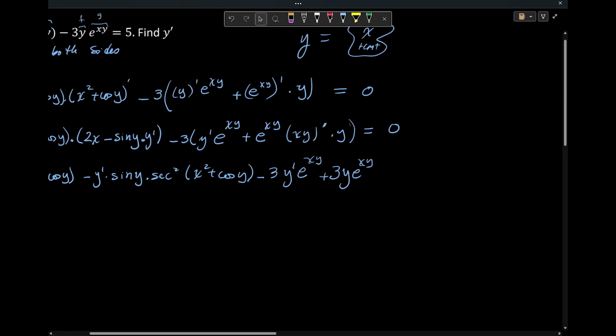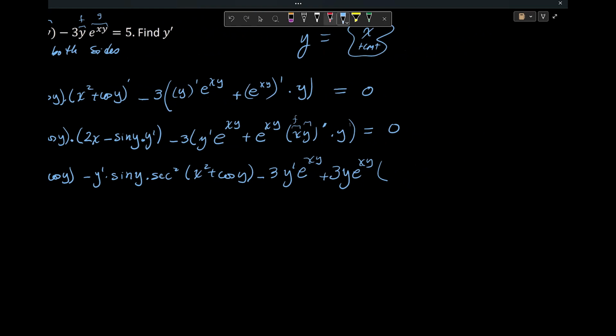Well, what's the derivative of x times y? Again, this is like an f and a g, two functions multiplied. So the derivative is the derivative of the first times the second plus the derivative of the second times the first.